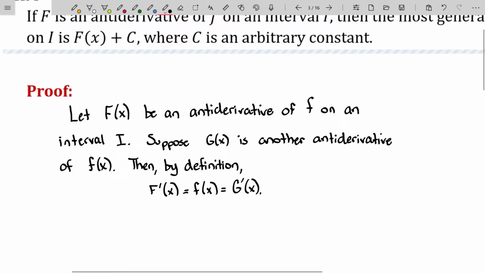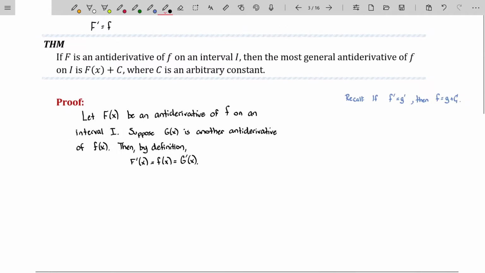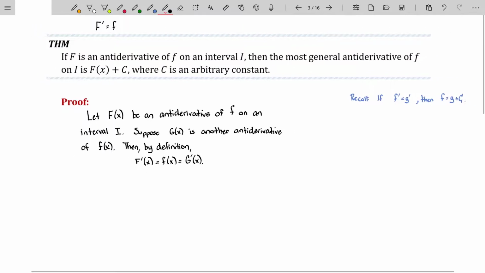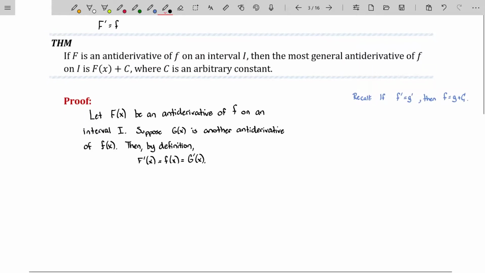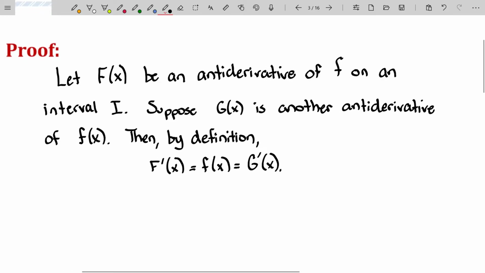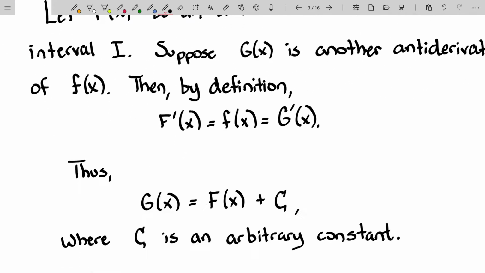And by the theorem that we had proven in a previous lecture, if two functions have derivatives that are equal in an interval, then those two functions must just differ by a constant. So thus, g of x must equal capital F of x plus some c, where c is an arbitrary constant.